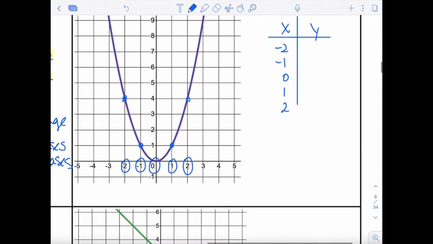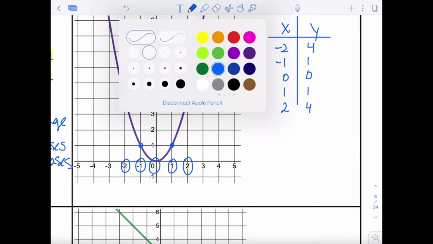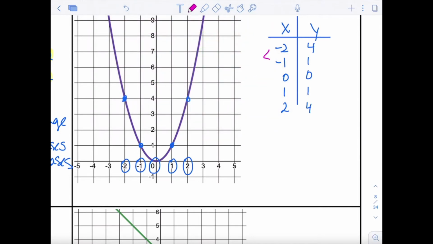What I can see is when X is -2, Y is 4. We've got 4, 1, 0, 1, and 4. And remember, we said X is the independent variable, meaning I can choose it. So I've chosen it so that it has a pattern. Now I'm going to look at Y. Well, I can see that I have -3, -1, +1, +3.